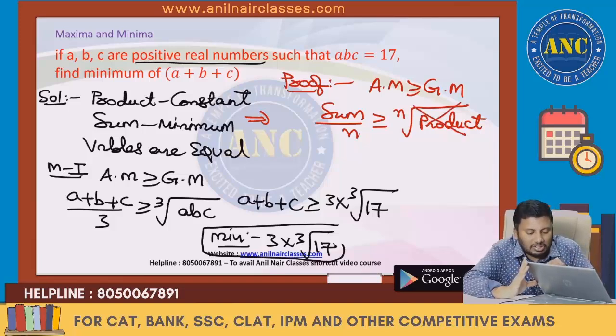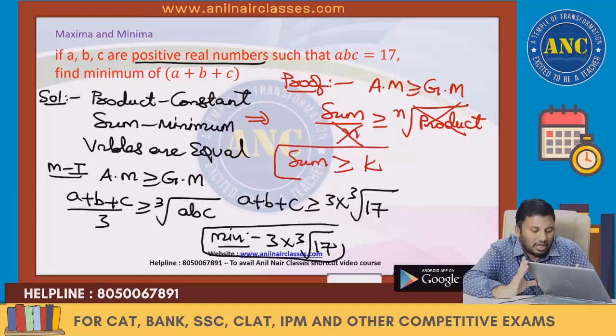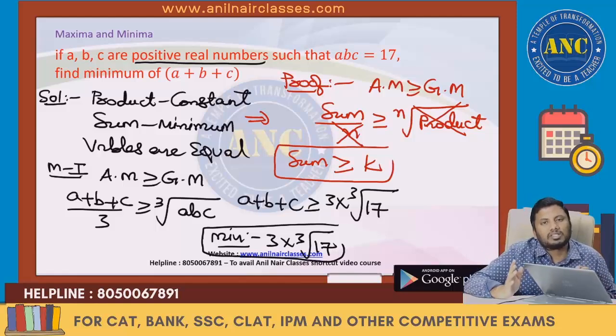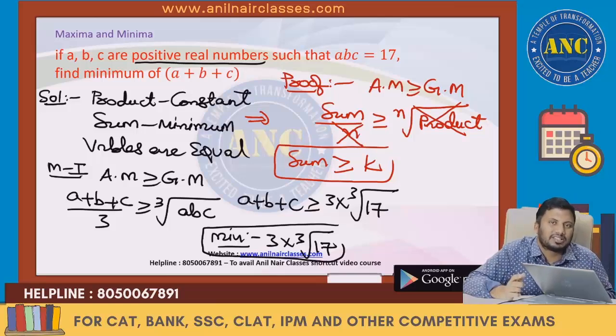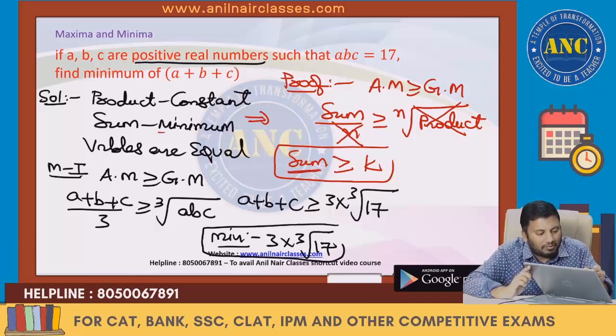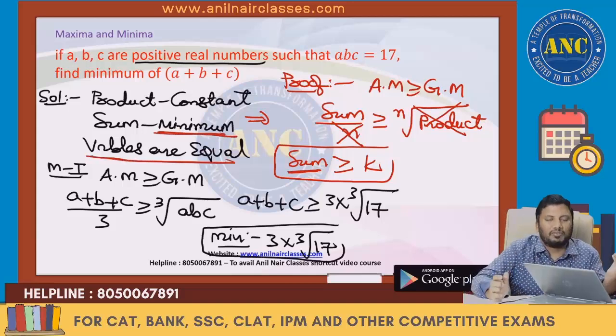Product is constant, n is the number of values, constant. So sum is greater than or equal to k. Now you tell me, x is greater than or equal to 30. What is the minimum value of x? 30. Sum is greater than or equal to k. What will be the sum's minimum value? The equality sign is there. When will it be minimum? When the variables are equal.